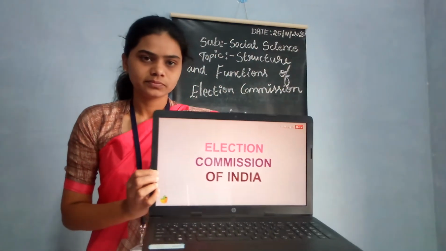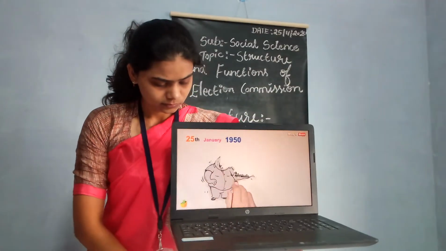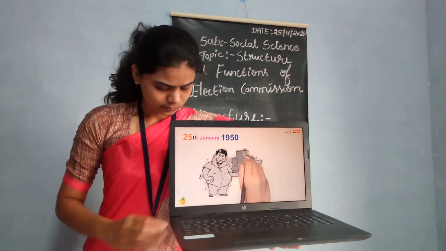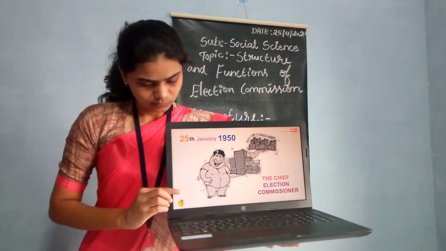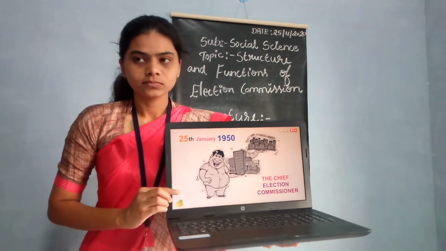Election Commission of India. India is one of the largest democratic countries of the world, and its government is elected by the people. The task of conducting elections is carried out by the Election Commission of India. This permanent constitutional body was established on 25th January 1950. The Election Commission consists of a Chief Election Commissioner and other commissioners.